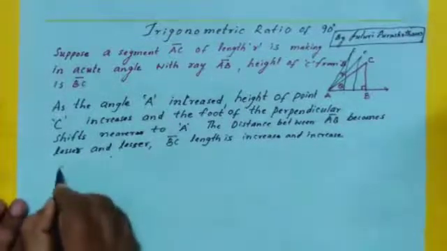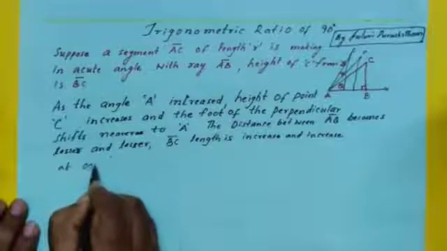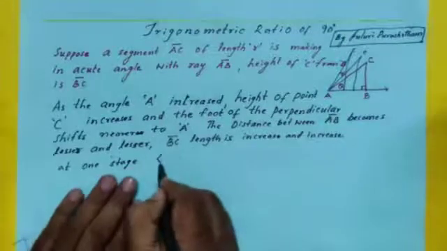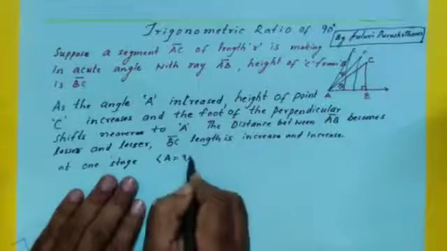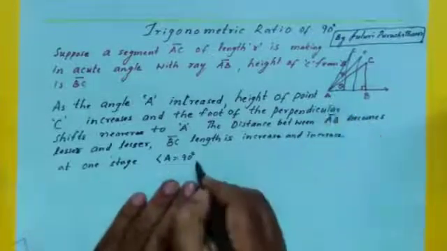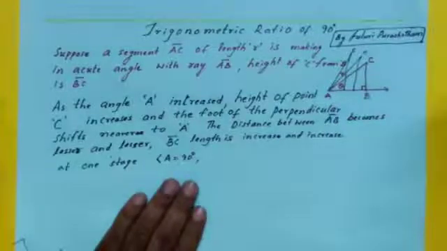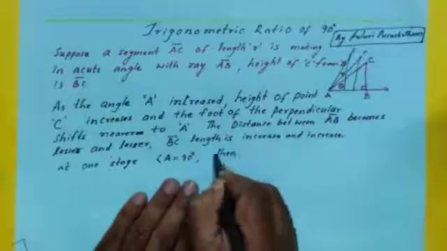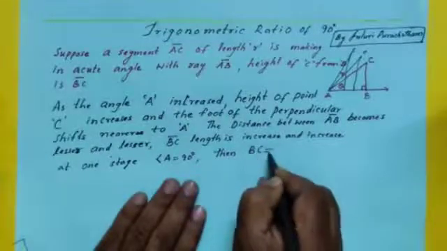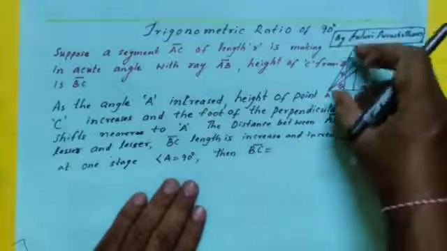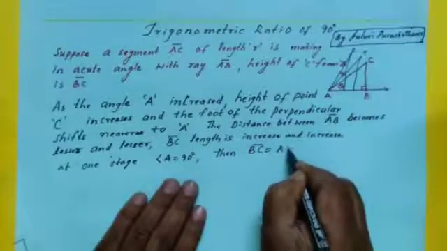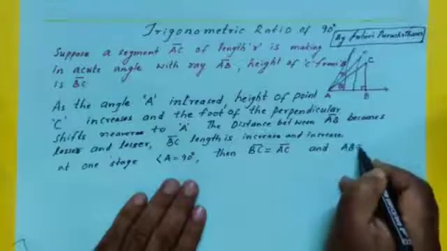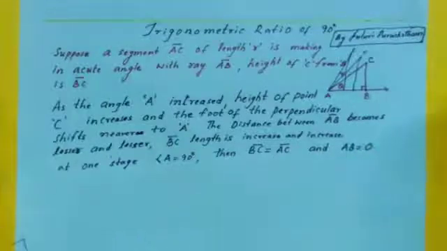At one stage, angle A is equal to 90 degrees. If this A is equal to 90 degrees, then what happens, children? The BC coincides with AC. That's why BC length is equal to AC and AB length is equal to 0. Is it clear?